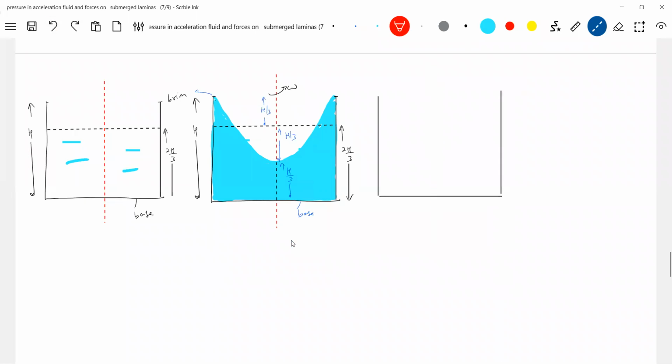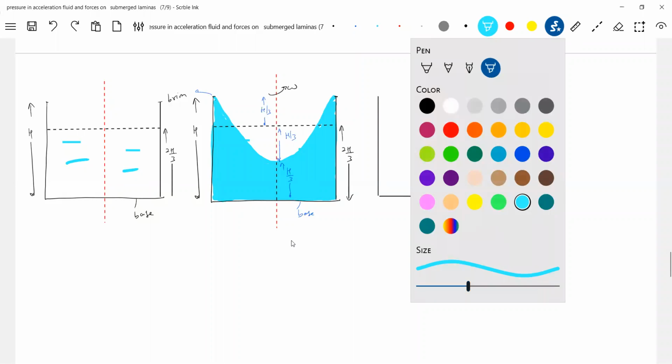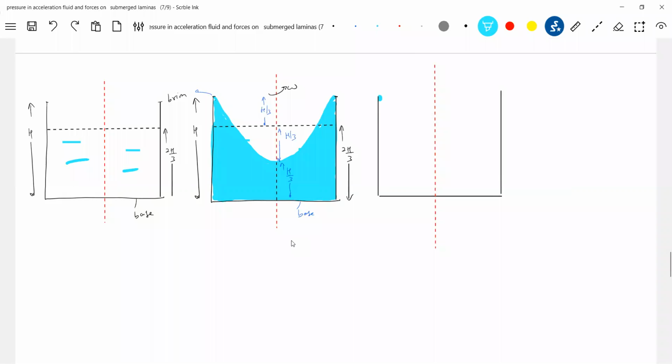not symmetric. Now, what should be the state of the liquid?